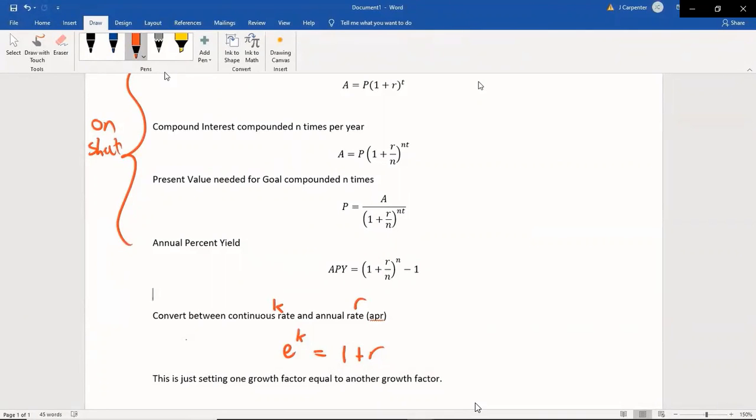If you've ever had math with what we call natural logarithms, it involves something like that. But we're not going to show you how to solve those. That's pre-calc material.